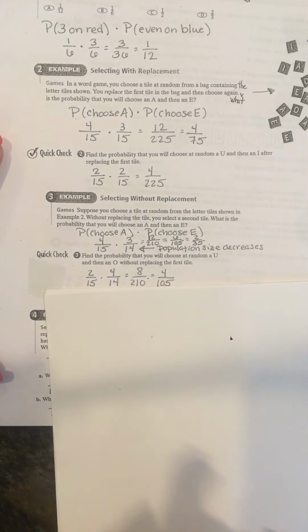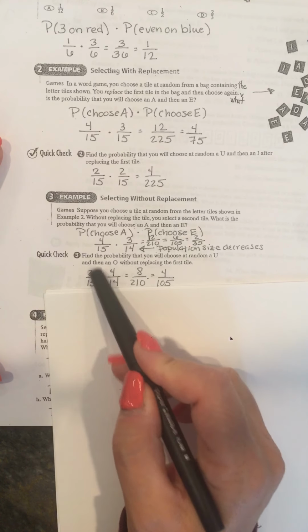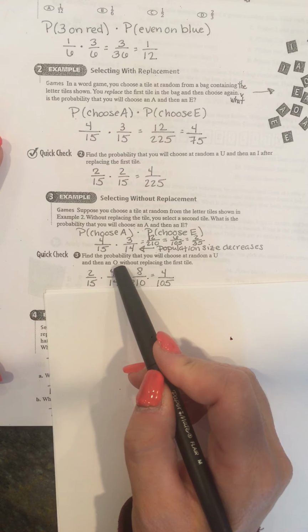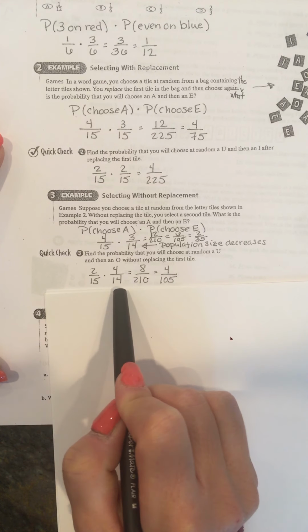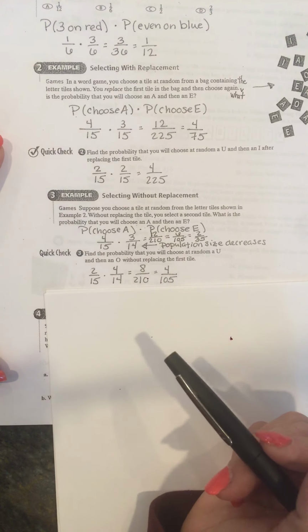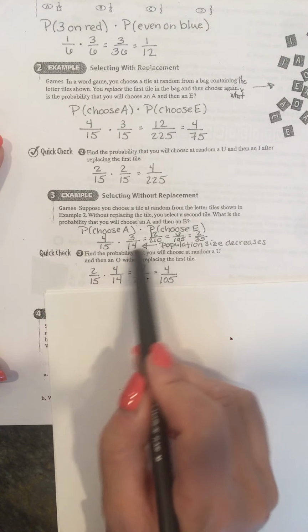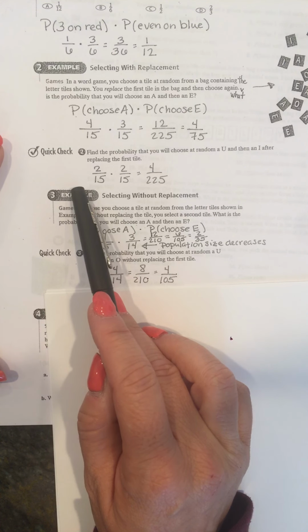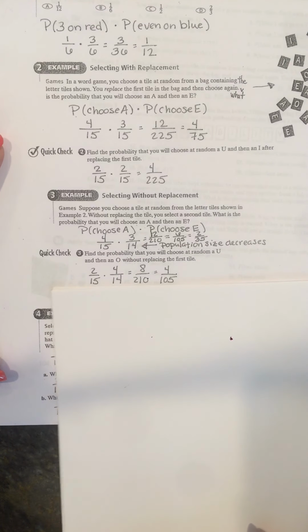Probability of a U, 2 out of 15, 2 U's out of the 15. Don't put the U back. Now there's 4 O's, but there are 14 tiles left in the bag. And when you multiply, you get 4 out of 105. Can you cross cancel when you multiply fractions? Absolutely, yes.